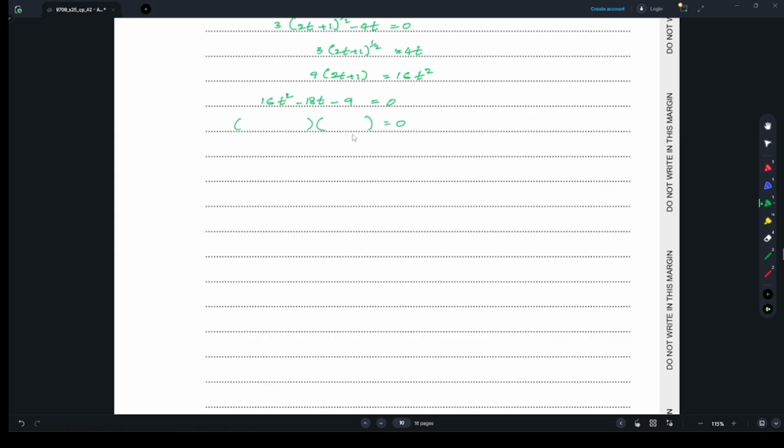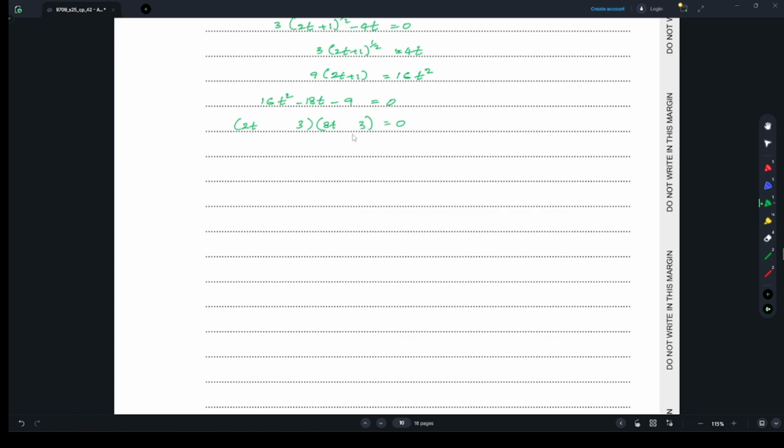So by considering that, we can't take 16 as 1 times 16 and so on, because we will have bigger values. So I will have 2t and 8t. And 9 I can write as 3 times 3.